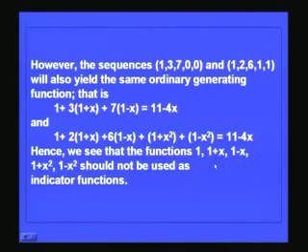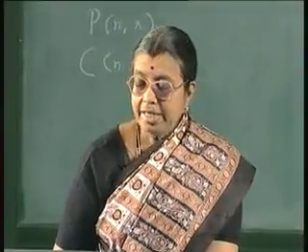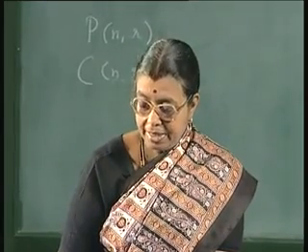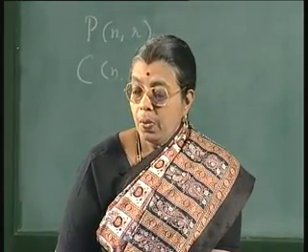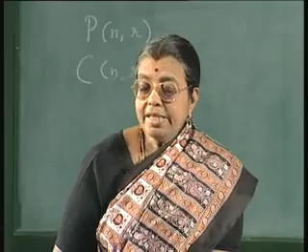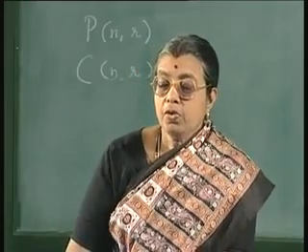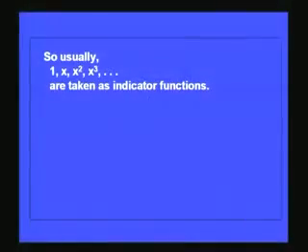The indicator functions should be such that for each sequence the expression you get is unique, or each expression uniquely represents a sequence. Now, the easy way out is you choose 1, x, x squared, x cubed, x to the 4, x to the r, etc. That is, this sequence is taken as the set of indicator functions.